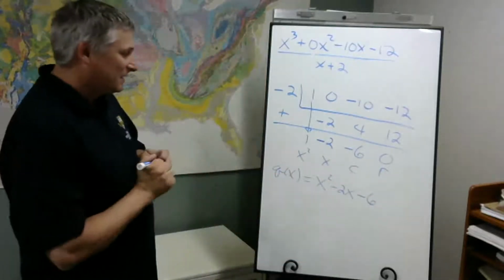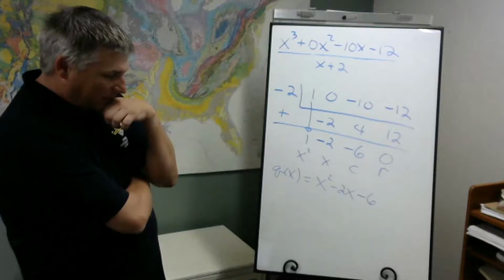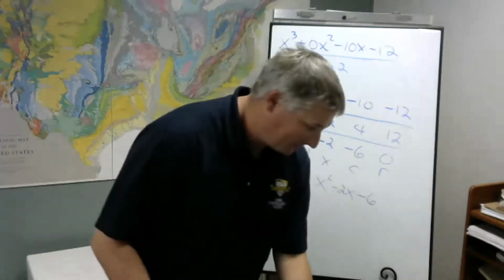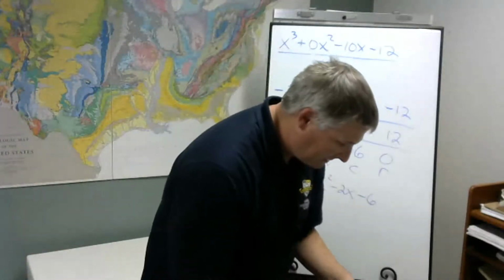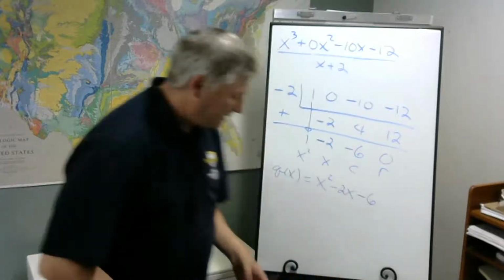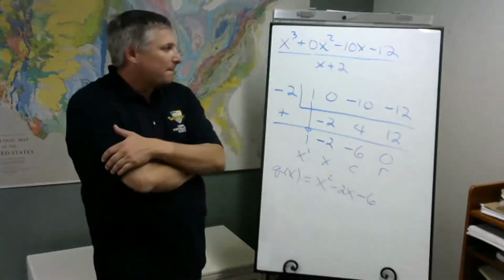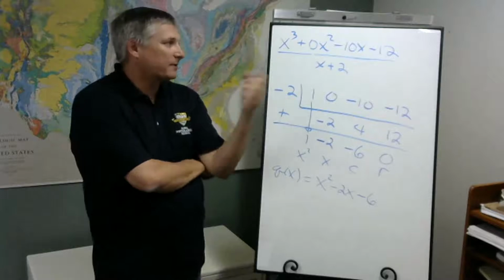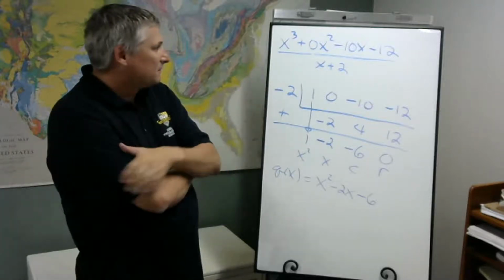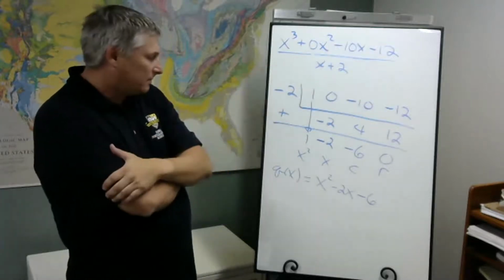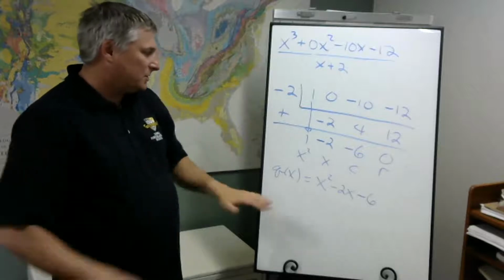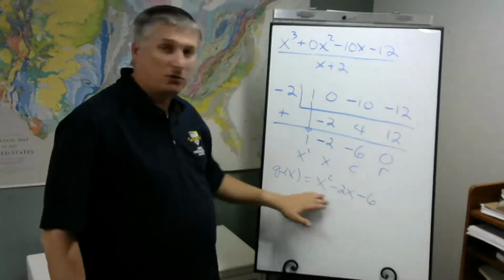Okay. So the thing we might look at here is, can we factor this? Now we know x plus 2 is one of the factors for our overall polynomial, the one we started with. So we just need to factor the rest of it, which is q of x.